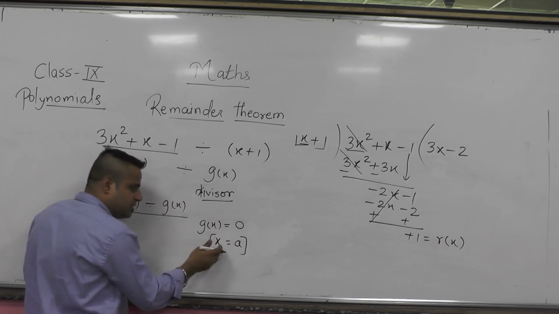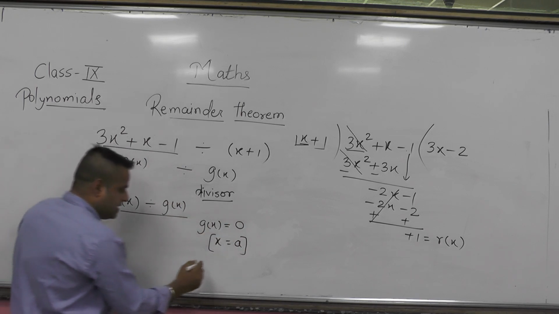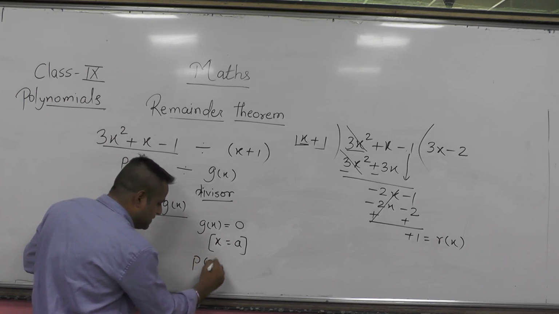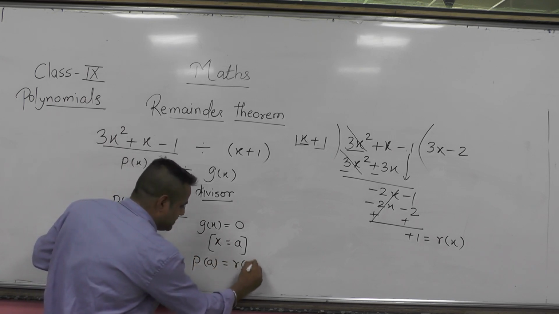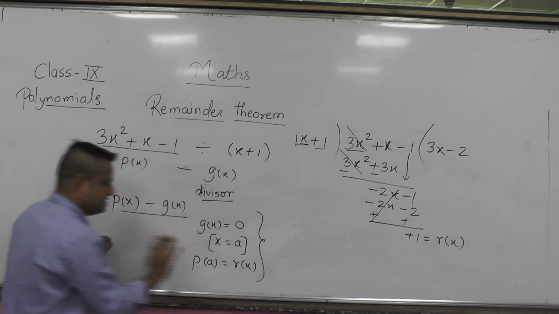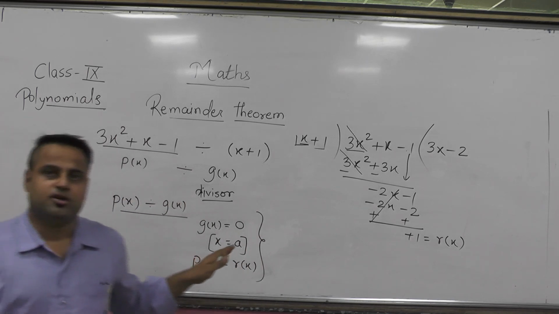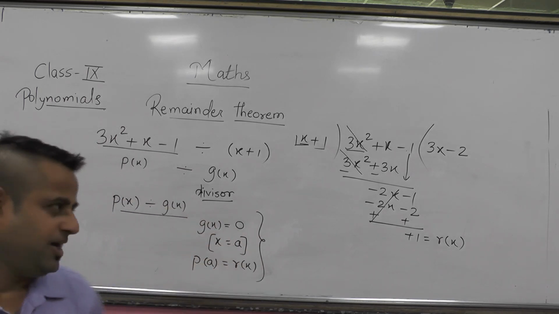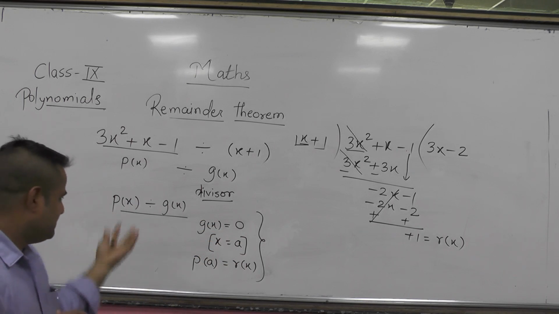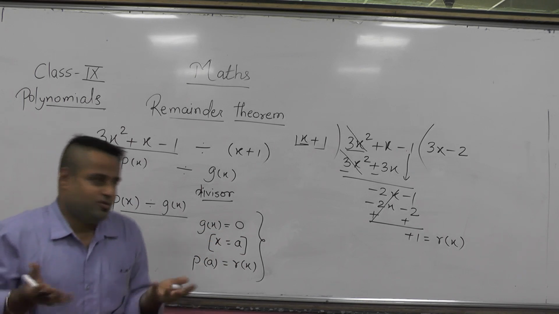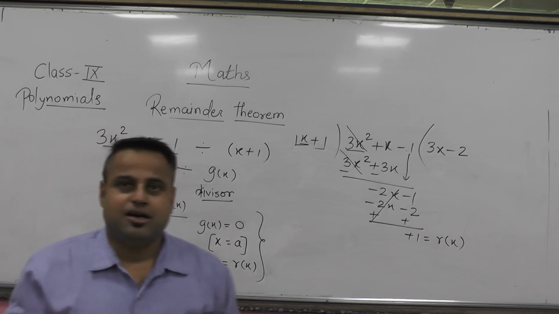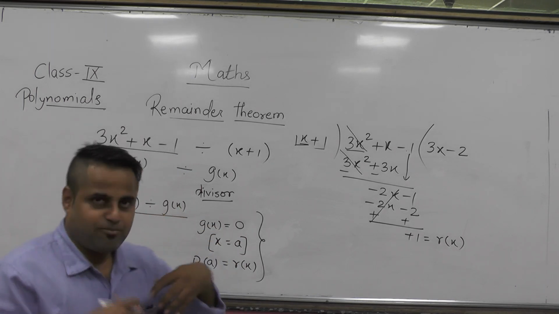So when we put this a here in the polynomial of x, we can get our remainder. This is the only statement which will be followed in the remainder theorem. Okay, it's very simple. Since it is in symbolic language, you are not able to understand it. Let me try it practically.